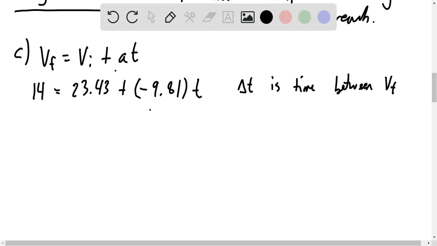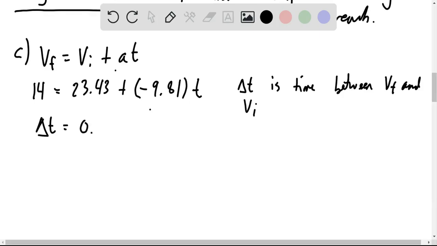And so when we do some algebra and solve for T, we find that delta T is 0.96 seconds.